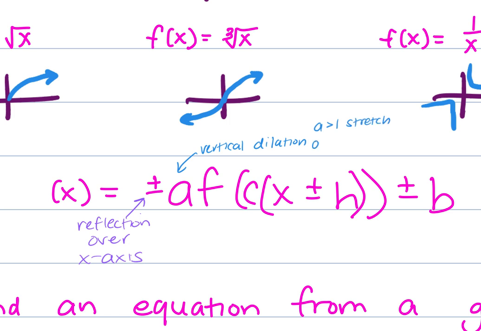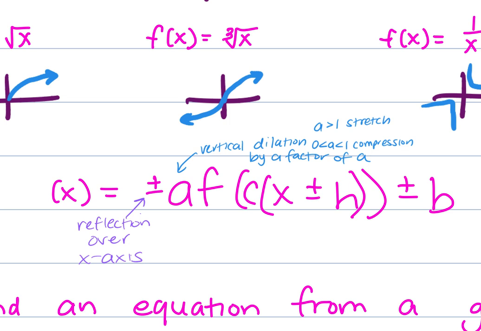If it's in between 0 and 1, then it's a compression, by a factor of a, whatever that value is. So even if it's negative 10, we treat the negative as the reflection and the 10 as though it's bigger than 1. That would be a vertical stretch by a factor of 10.